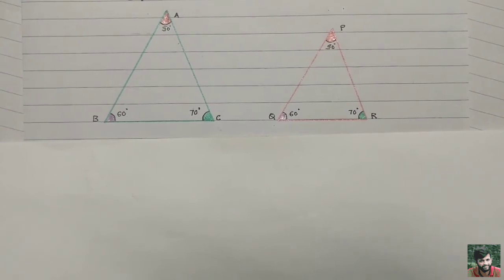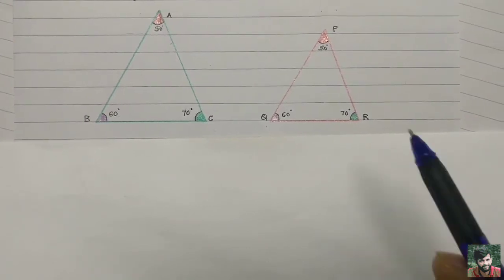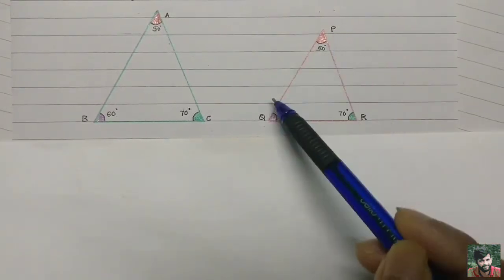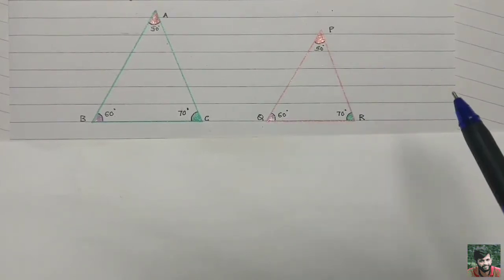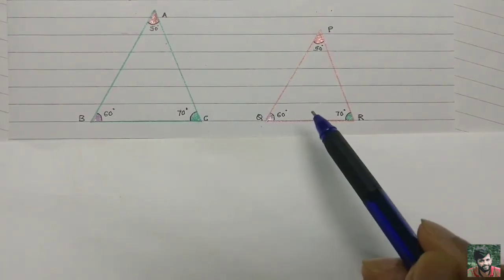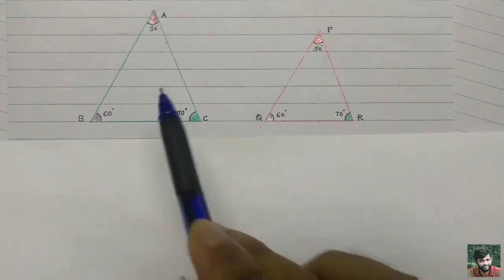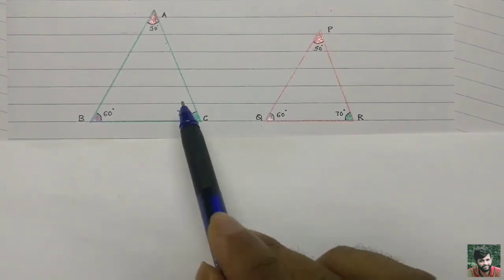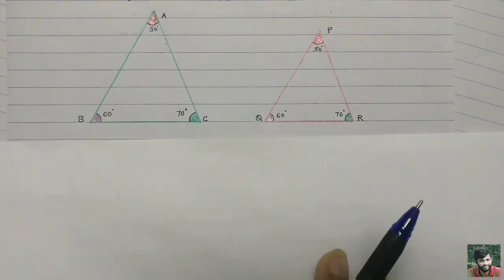Here I have a triangle ABC whose angles are 60, 70 and 50 degrees, and triangle PQR whose angles are 60, 70 and 50 degrees again. Now both the triangles have different sizes. One triangle is big, the other one is small, but the angles of these triangles are equal. So which angle is equal to which one?